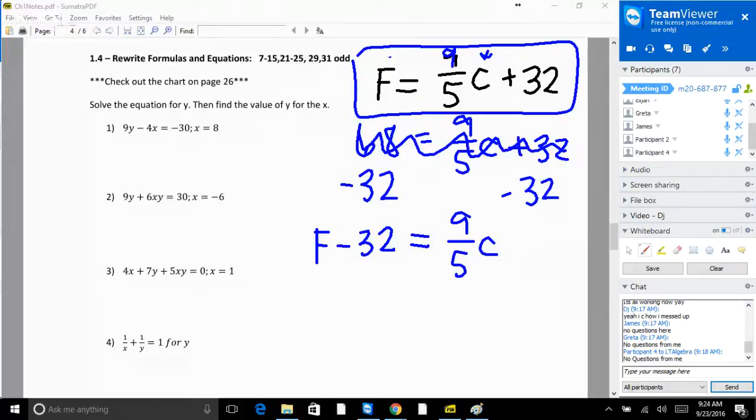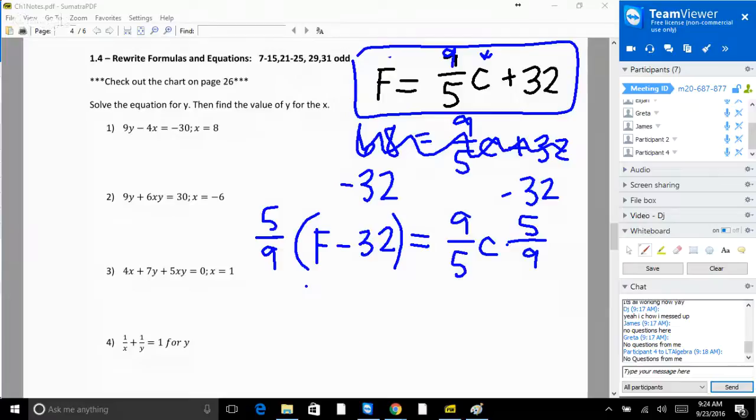Now I have to figure out how to get rid of this 9/5. I'm going to use the power of the reciprocal. The reciprocal of 9/5 is 5/9. And if I multiply a fraction by its reciprocal, I just get 1. But if I do that to the right-hand side, I also have to multiply the left-hand side by the reciprocal. And I'm not just multiplying the Fahrenheit, I also have to multiply the subtracting 32.